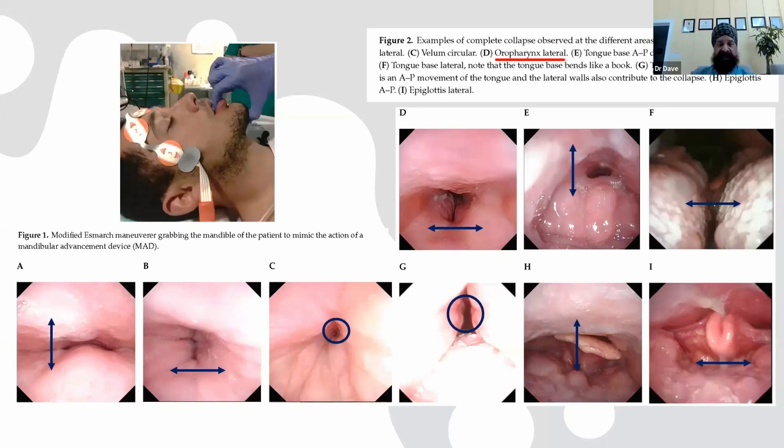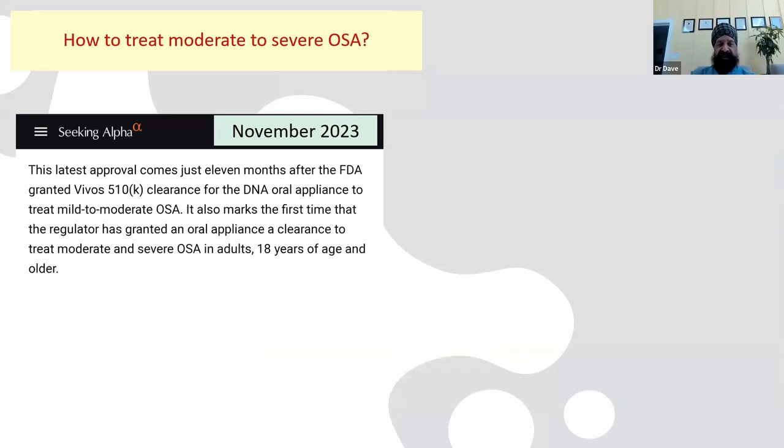The idea next is to think about cases of moderate to severe sleep apnea. Back in November of last year, this device was cleared for moderate to severe OSA in adults. And the idea is it's the first time that an oral device has been cleared. Not true.